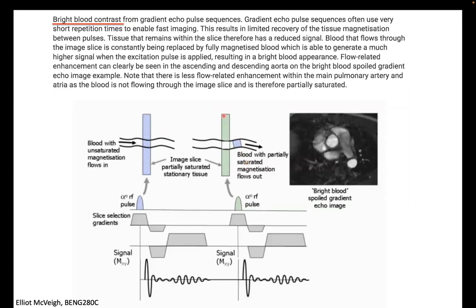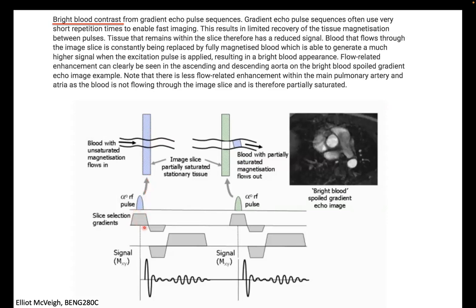And then another, opposite source of contrast is bright blood imaging, where instead of doing a 180-degree pulse, we do very rapid sequential pulses to generate signal from this slice.